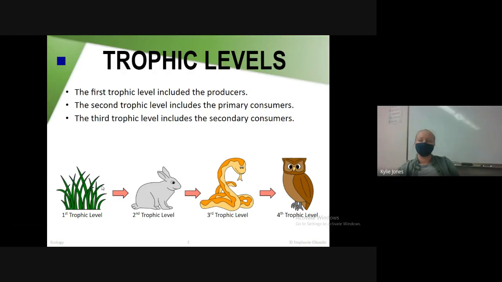Some of them are omnivores. Then the third trophic level will include the secondary consumers. Those ones are usually, no, I meant omnivores, because they'll eat plants and animals.